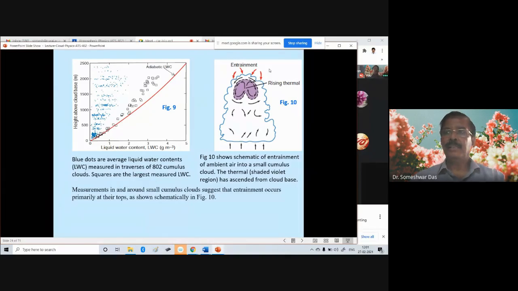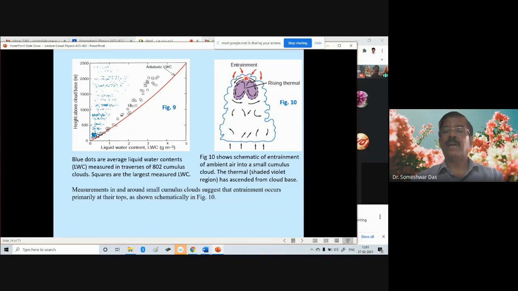One is the growing stage, another is the matured stage, and third is the dissipating stage. This diagram is for the growing phase of the cumulus cloud, in which entrainment takes place from the top of the cloud.